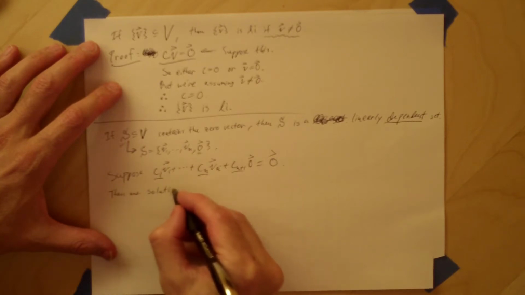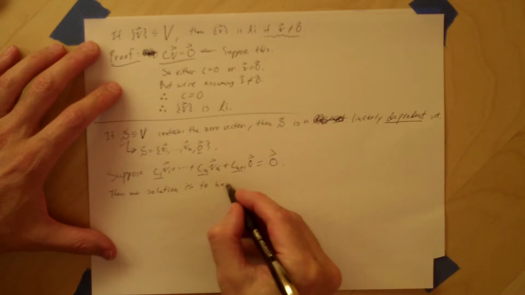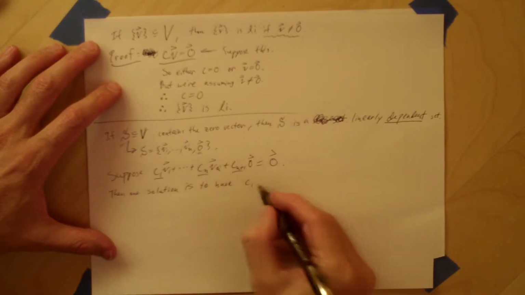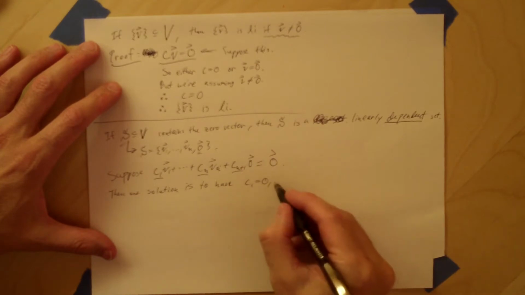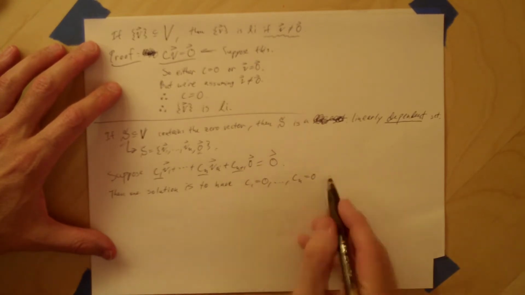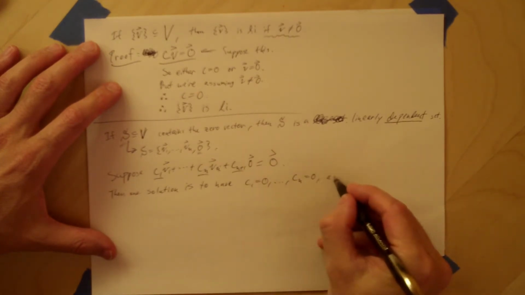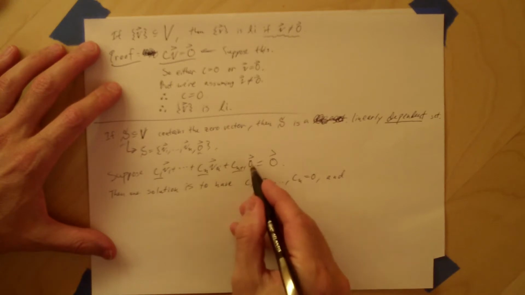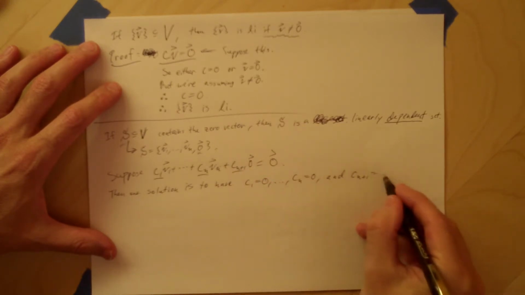One solution here is to have C1 equal 0 all the way up to Cn equals 0. So C1 through Cn, they'll all equal 0. And as for Cn plus 1, in front of the 0 vector, let that equal 1.